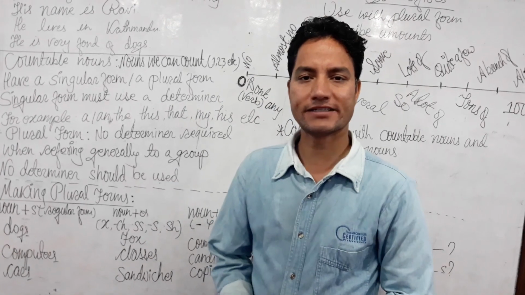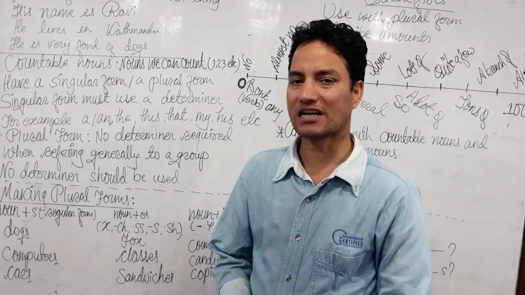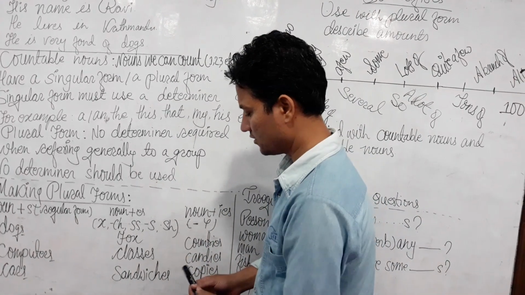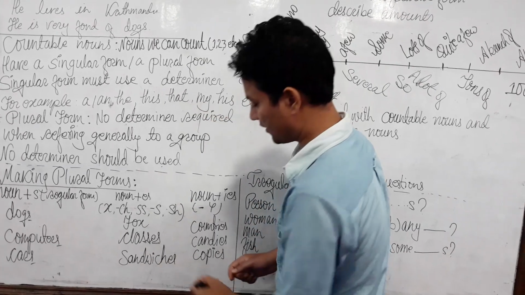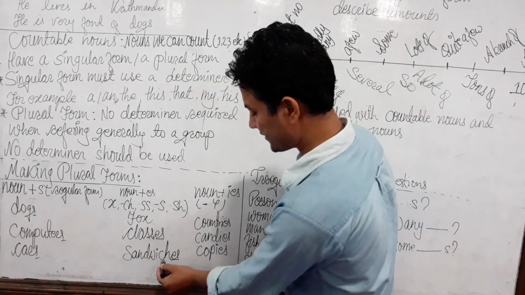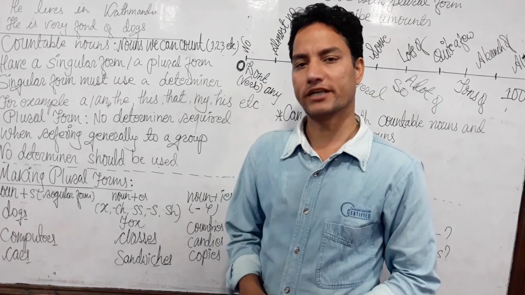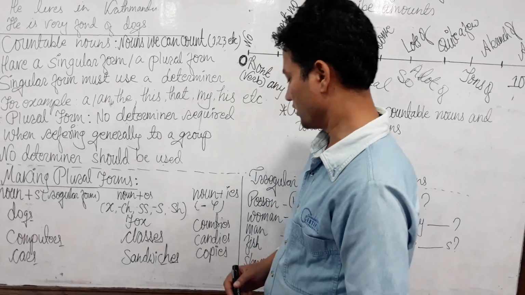Class ends in ss, so the plural of class is classes. We added only es here. Similarly, sandwich, which ends in ch, so we added es to change it into plural.